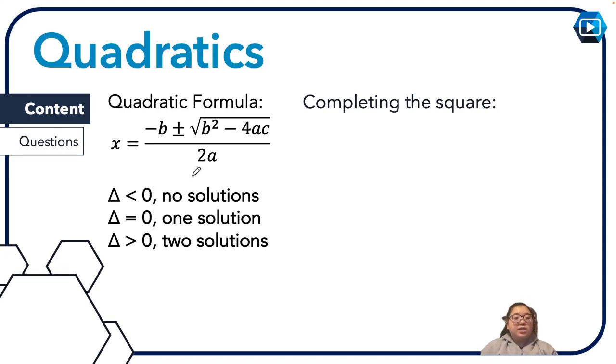If it's smaller than 0, you have a negative surd, which is not possible, so that's why you have no solutions. And if it's bigger than 0, that means you're going to have both the plus and the minus, so you're going to have 2 solutions. You can also use this quick test to figure out whether your function is factorizable or not. If you put this in and it's a perfect square, that means you should be able to factorize your function relatively easily.